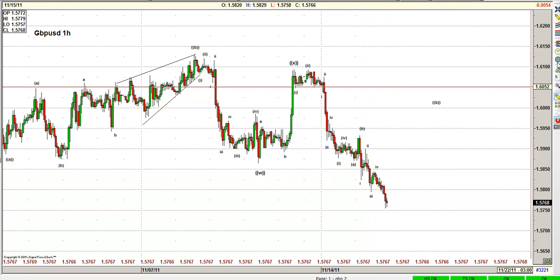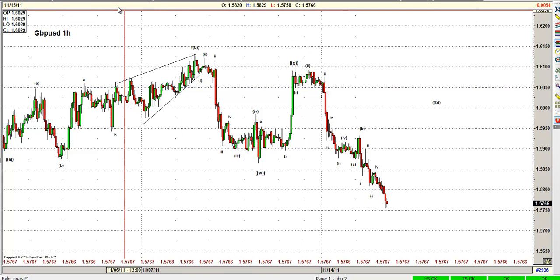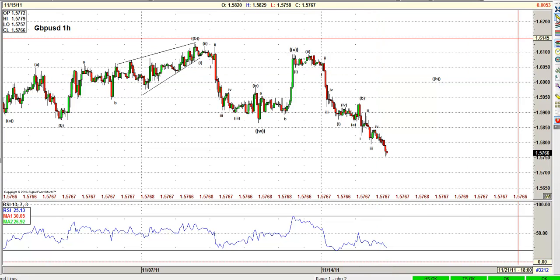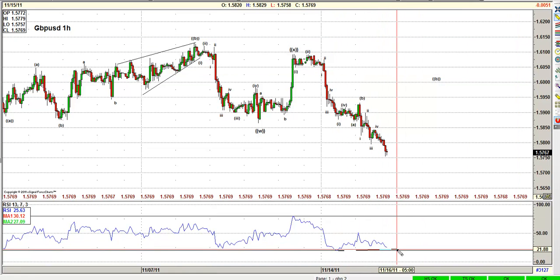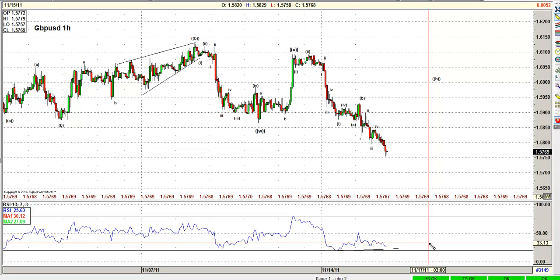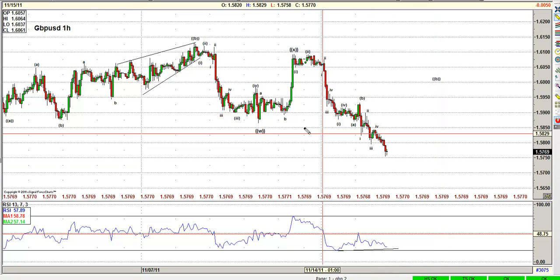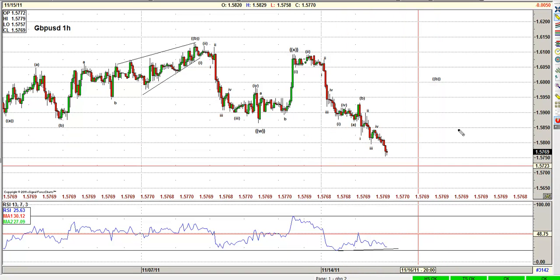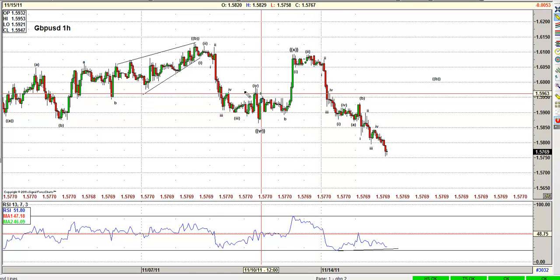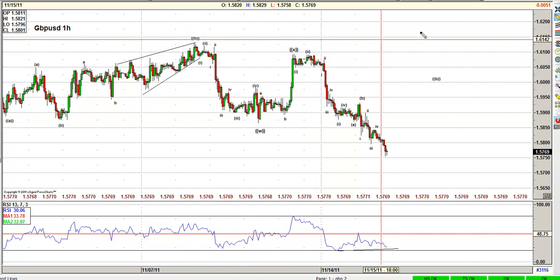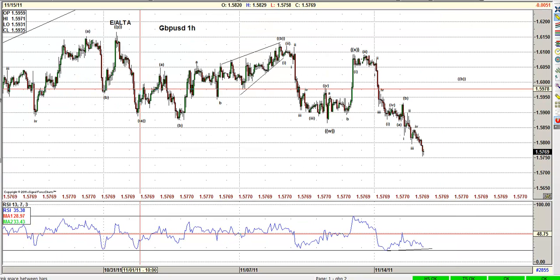Very interesting. Now, let's take a look at the RSI in cable again. Look. Lack of momentum is typical of a C wave in some degrees, or a fifth wave. So, the question is, which one is the correct count? Now, it can be the case that we have levels that need to be seen.